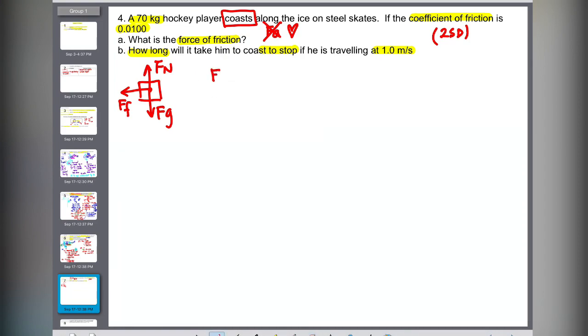Okay, so they're asking you what is the force of friction. I know the equation is Ff equals mu Fn. And I need to use the y direction to figure out what is the Fn. The acceleration is going this way. Are we okay with that? We're going forward but decelerating, a negative acceleration, and we'll talk about that in a minute. Along y, acceleration is going horizontal, meaning there's no acceleration going up and down. So up minus down equals ma, but a is 0.